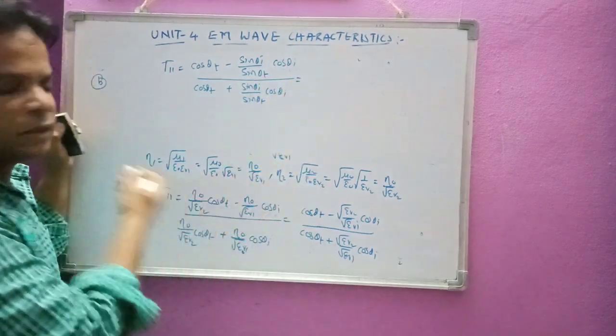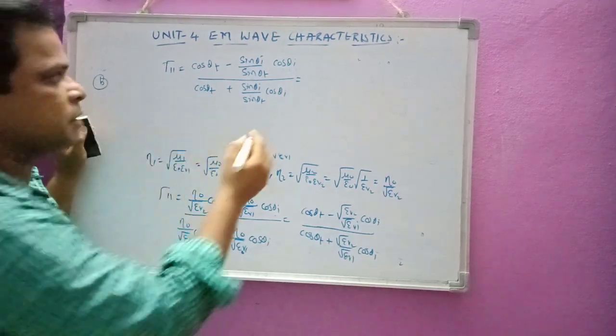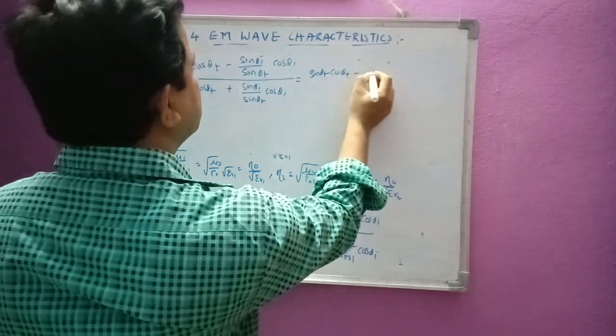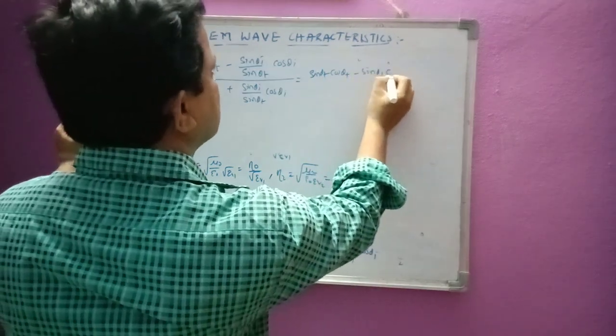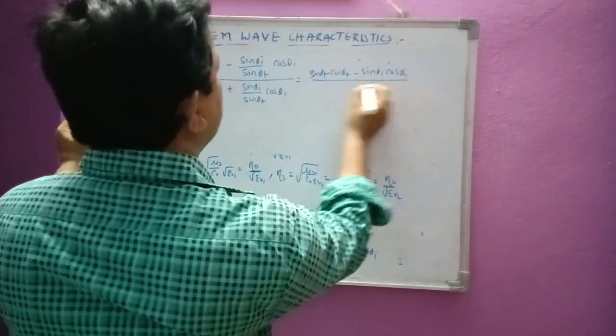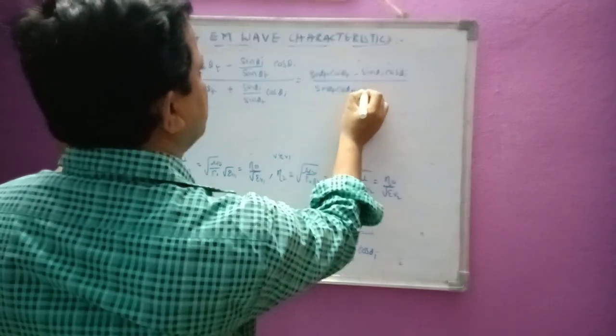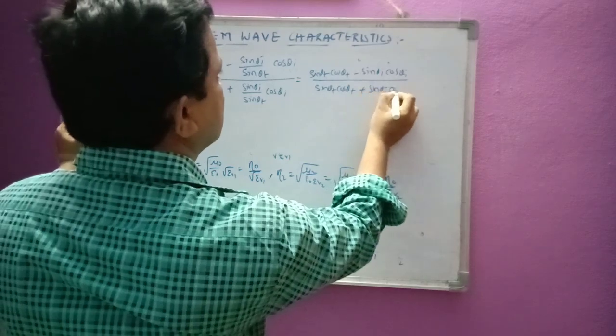Okay. So if I take the LCM, I can write sin theta t cos theta t minus sin theta I cos theta I by sin theta t cos theta t plus sin theta I cos theta I.